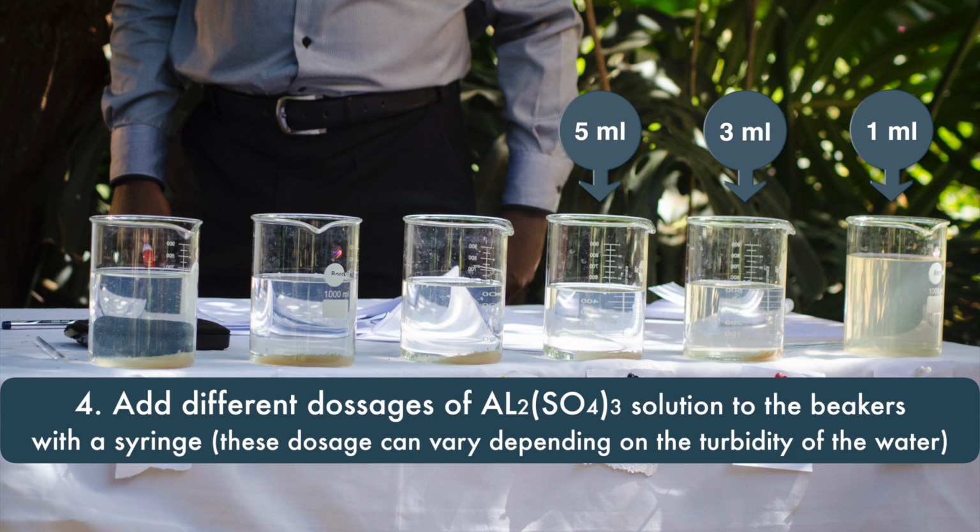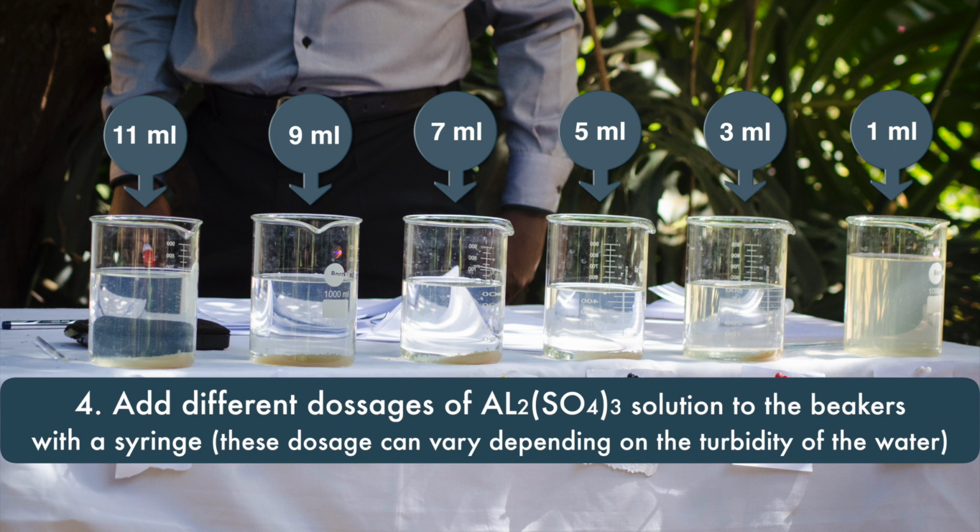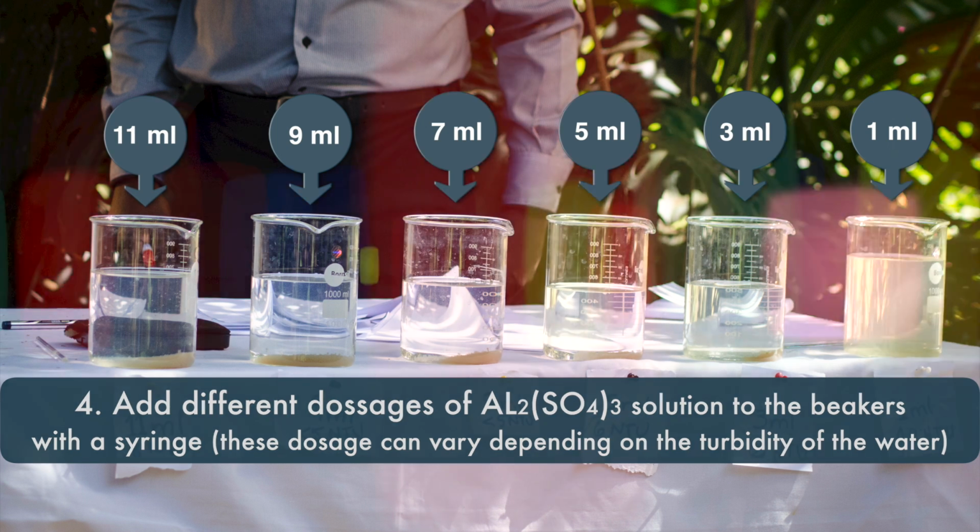Third beaker, we dose 5 milliliters. The fourth beaker, we dose it with 7 milliliters. The fifth beaker, we dose it with 9 milliliters of aluminium sulfate solution. And the last one, the sixth beaker, we dose it with 11 milliliters of aluminium sulfate solution.